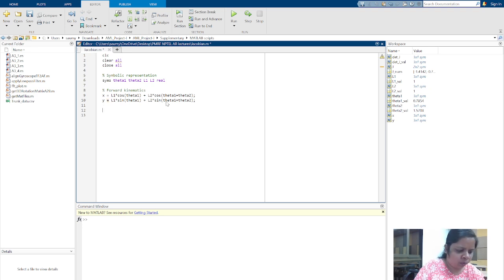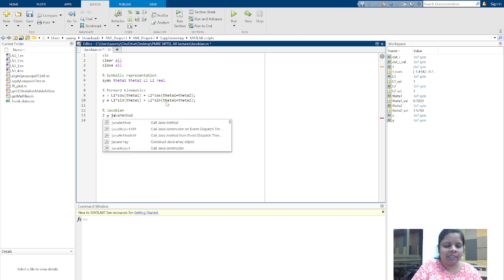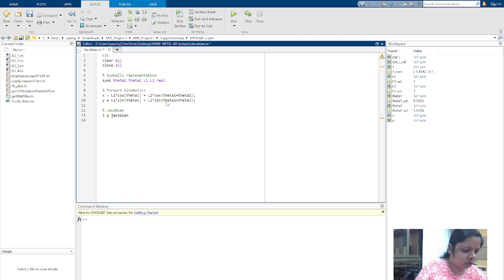Okay. Now we'll compute the Jacobian matrix. And how is it done? We already have a function called jacobian, so I'll use that directly. I'll not be defining the partial derivatives by creating a matrix and then differentiating. I already have a Jacobian command. So you have to always use this. You write what you want to differentiate, so it is x comma y, right?